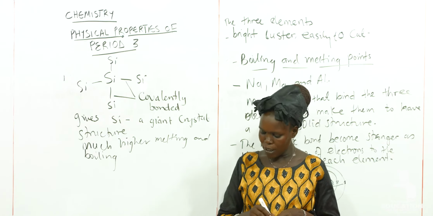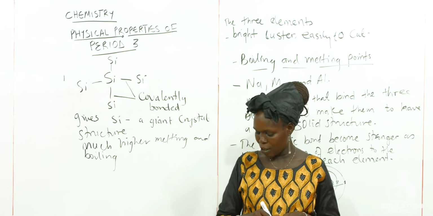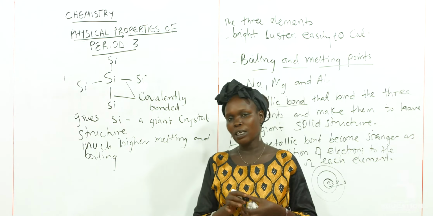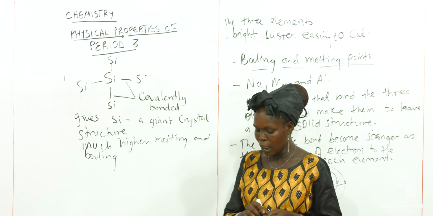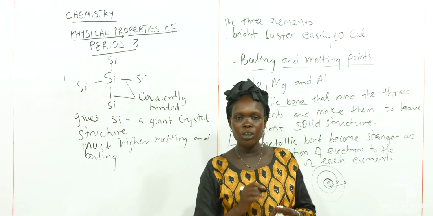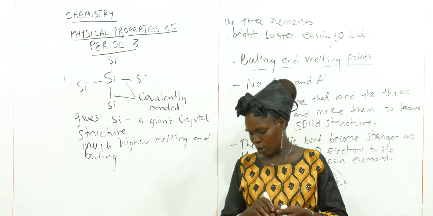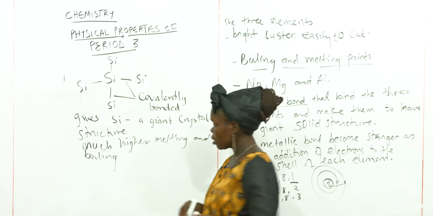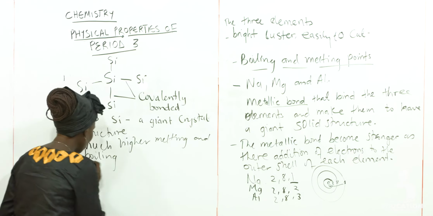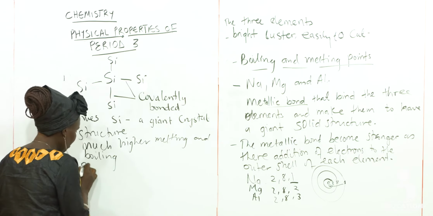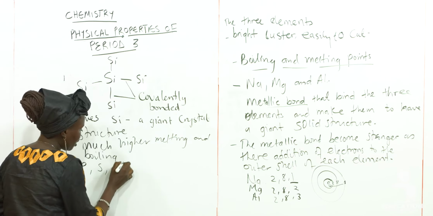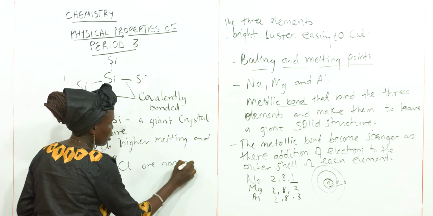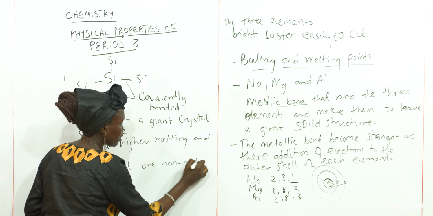So it has a much simpler molecular structure. The atoms of these elements are joined together by a strong covalent bond. Although they have simple molecular structure, they are still joined together by a strong covalent bond to form discrete molecules. So we have to put it by saying that phosphorus, sulfur, and chlorine are non-metallic elements.